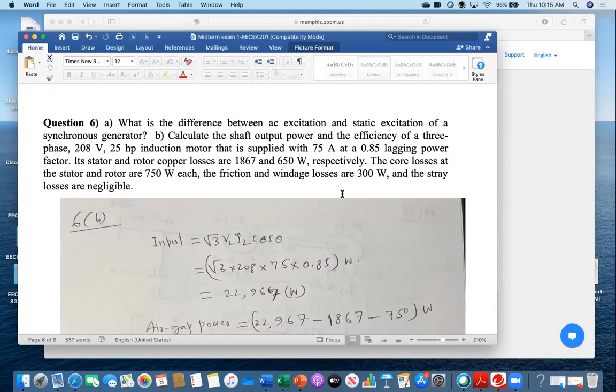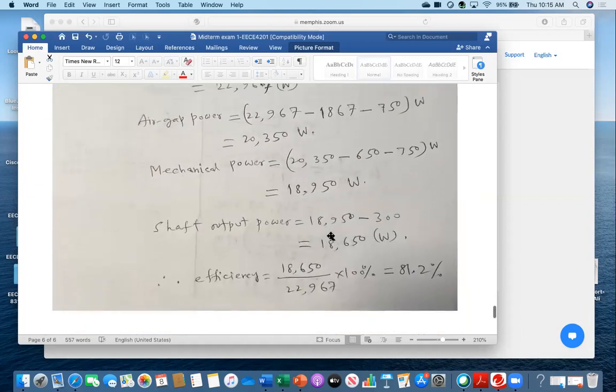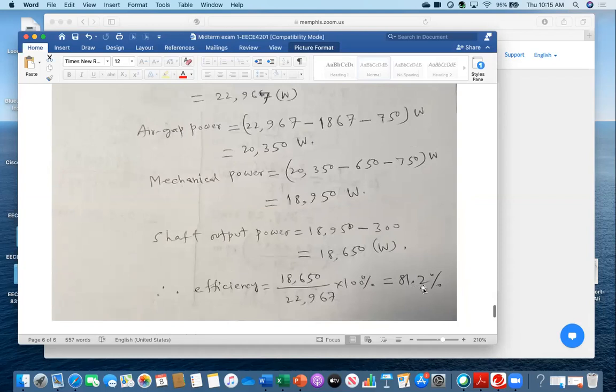The friction and windage losses are 300 watt, and the stray losses are negligible. So the question is to find the shaft output power and then the efficiency. The answer should be efficiency 81.2 percent and shaft output power 18.65 kilowatt, or 18,650 watt.